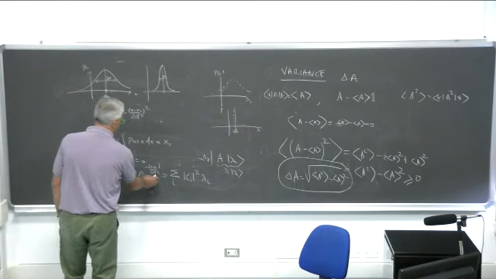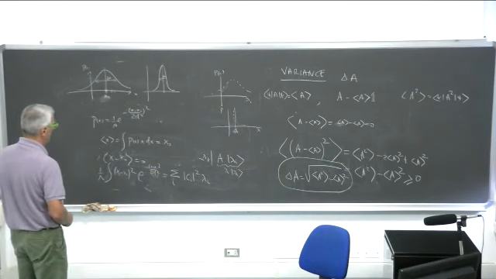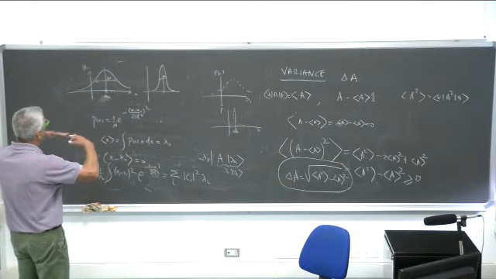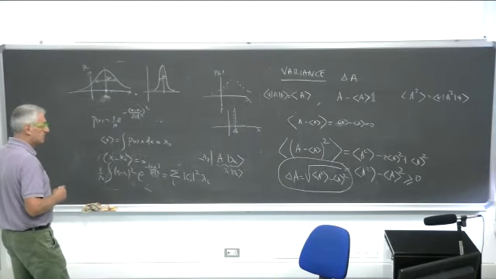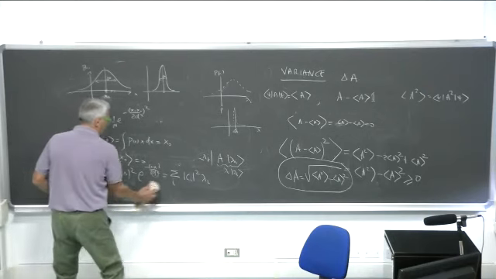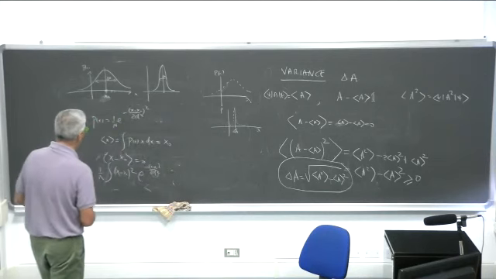And the variance is clearly related to this d. The bigger is d, the more spread is the distribution. So this is what you have if you have this Gaussian distribution.